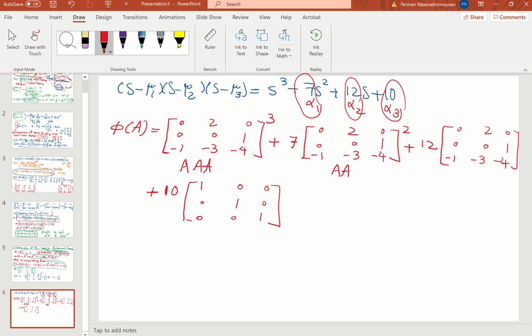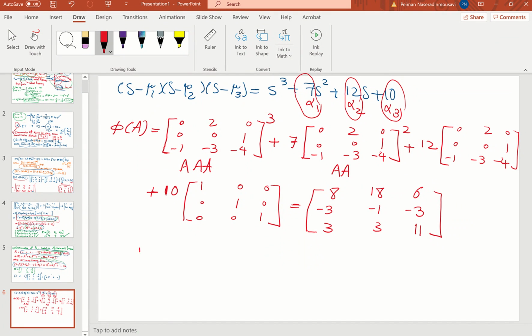Okay. So if you calculate that, I have it on a piece of paper. So phi becomes like this. Please do it at home as homework for yourself. 8, 18, 6, minus 3, minus 1, minus 3, 3, 3, 11. So we got phi.